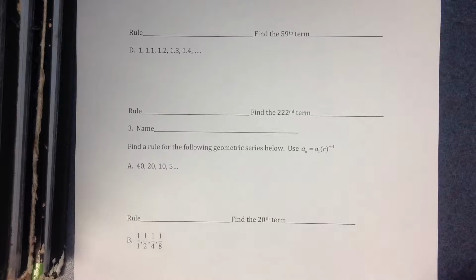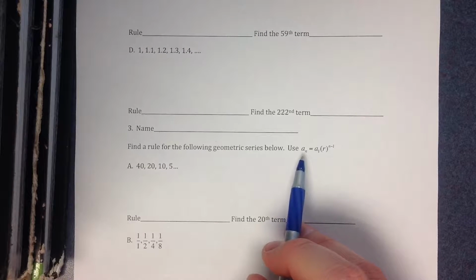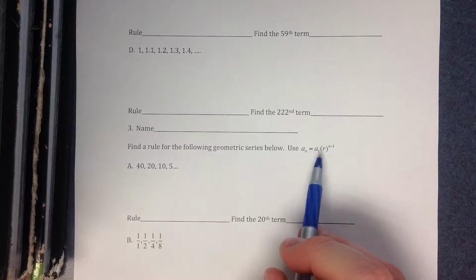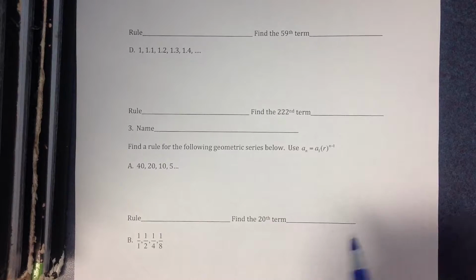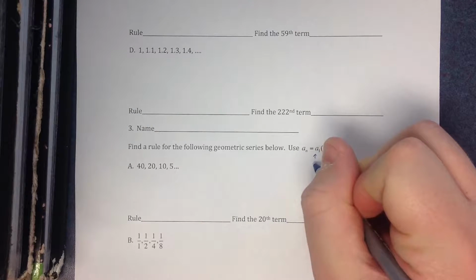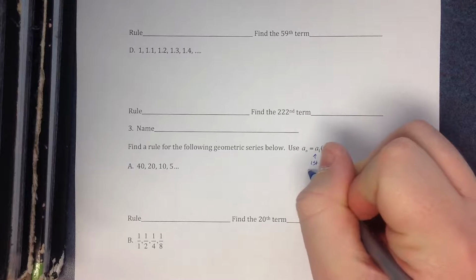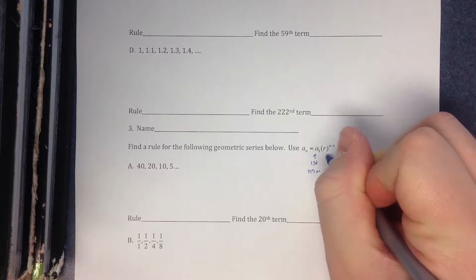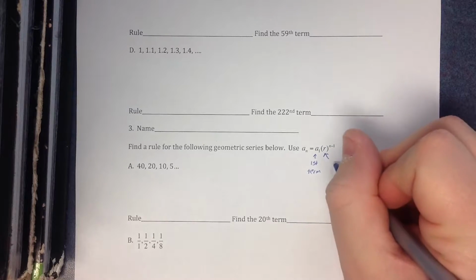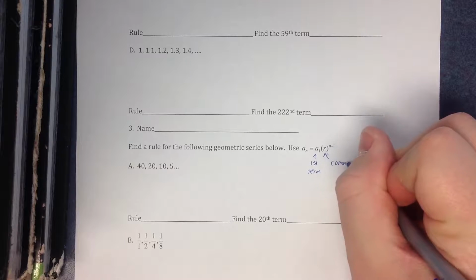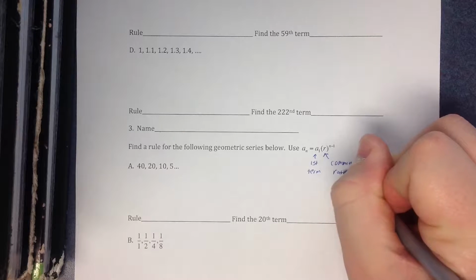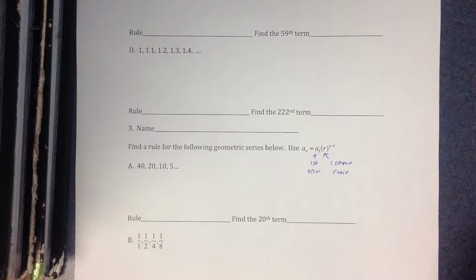The next objective, objective 3, dealt with geometric sequences and finding a rule for a geometric sequence. So here we're going to use the formula A_N equals A_1 times R to the N minus 1. A_1 is still the first term. This time R is our common ratio, or in other words, what we're multiplying by each time.